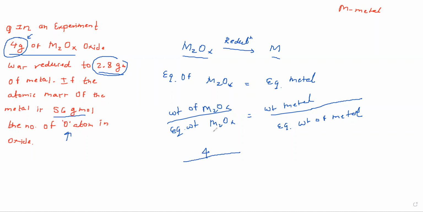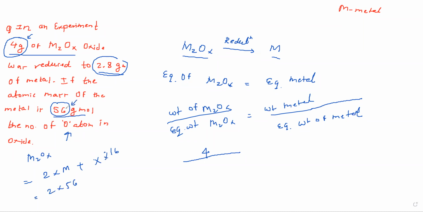Equivalent weight of M2OX means what? Equivalent weight means nothing but molar mass. M2OX is given, right? We are not aware of the oxygen, but we are aware of the 56. So what will be the molar mass of M2OX? Equivalent weight means molar mass. What is M2OX? 2 into M plus x into 16, so 2 into 56 plus 16x. Why did I write 56?